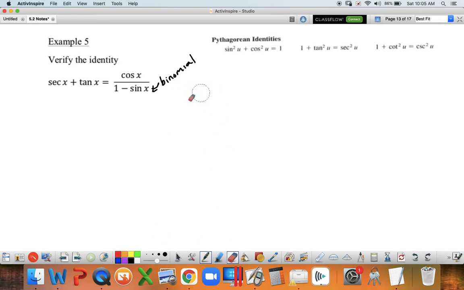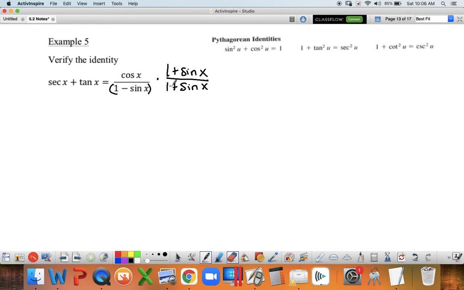And what we're going to do is multiply by the conjugate of 1 minus sine x. And the conjugate is, you just take this exact same binomial, but change it to have a plus sign in between. And I'm hoping when we do this, all will be revealed why we are choosing to do this.